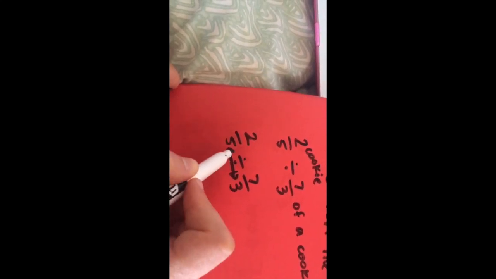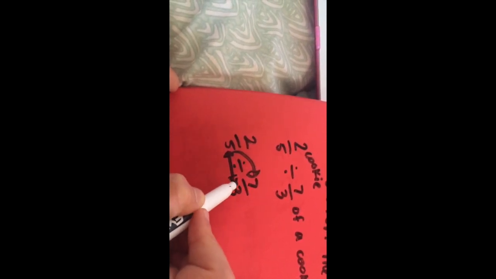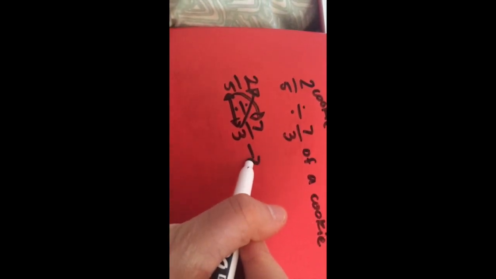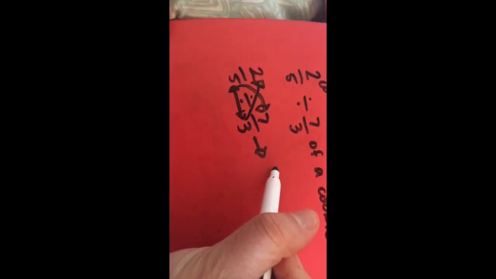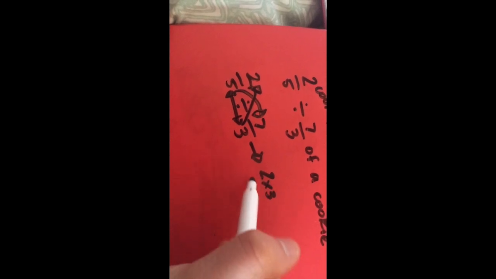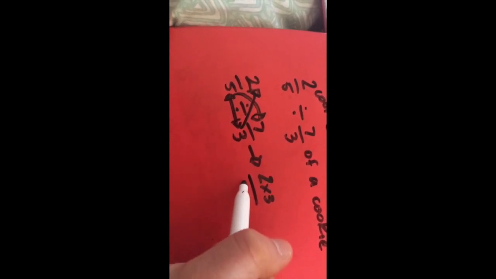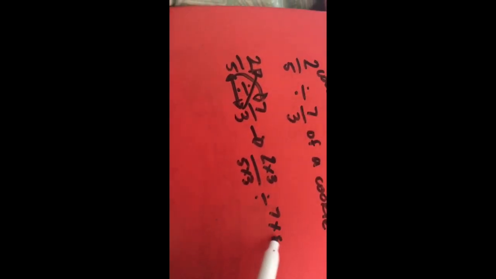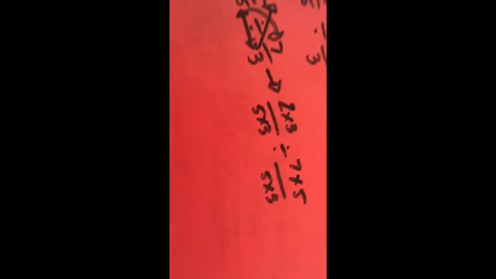However, whatever I do to the bottom, I must do to the top, so I'll multiply the 7 by the 5 as well, and the 2 by the 3 as well. So that gives us 2 times 3 over 5 times 3, divided by 7 times 5 over 3 times 5.